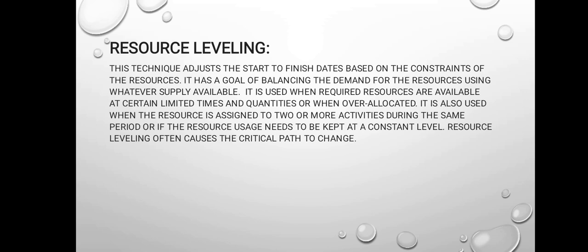So the requirements of the resources will not delay or help to complete the project on the deadline. Basically, in this resource leveling we can change the critical path of the project, meaning we change the deadline and we may exceed the deadline as well.